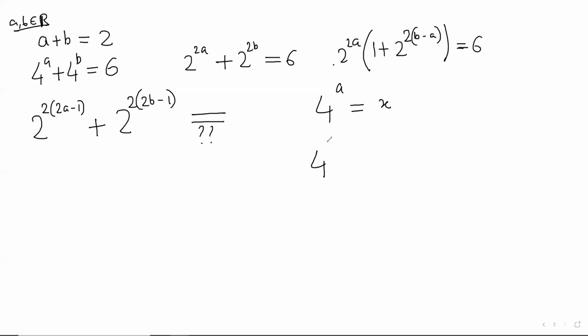Then the other thing is 4 raised to 2 minus a, which is 16 by x. And this is 4 raised to b. Using the first equation, a plus b, I'm trying to bring everything down into one variable and not with exponents.